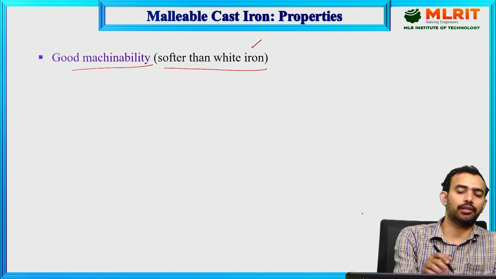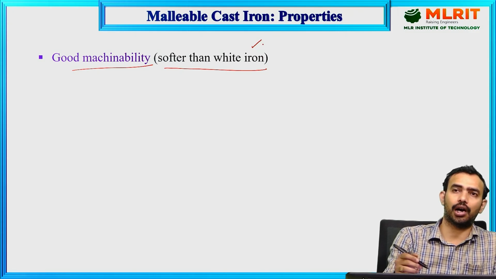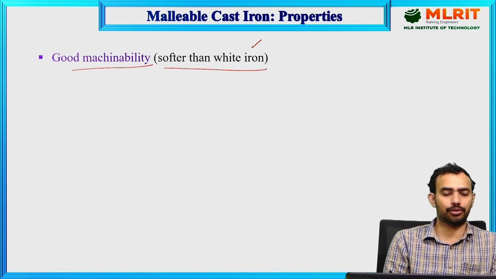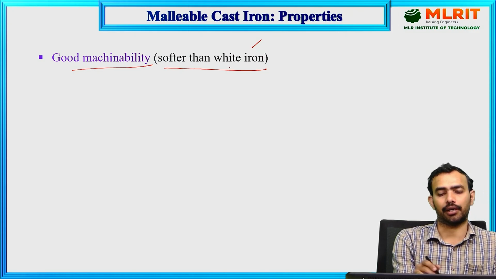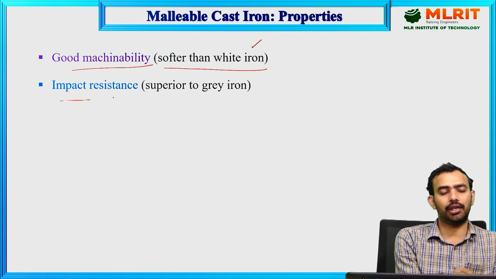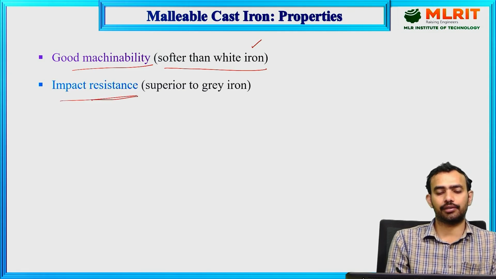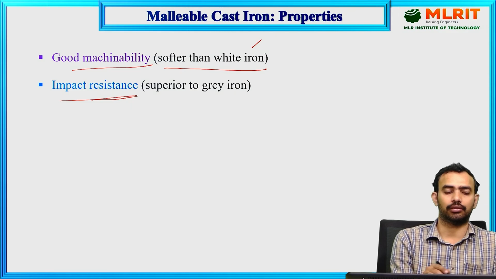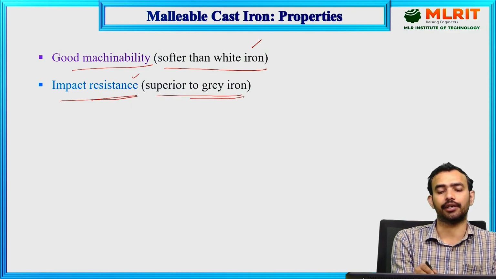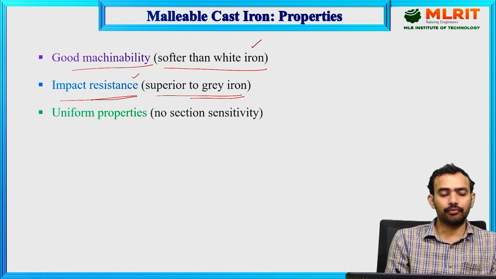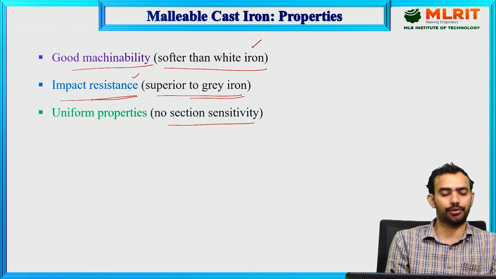But in this one, since we are decomposing the hard carbides, we get good machinability back. Similarly, we get good impact resistance due to the ductility, and this impact resistance is superior to gray iron. It offers uniform properties throughout the material, and there is no section sensitivity here.